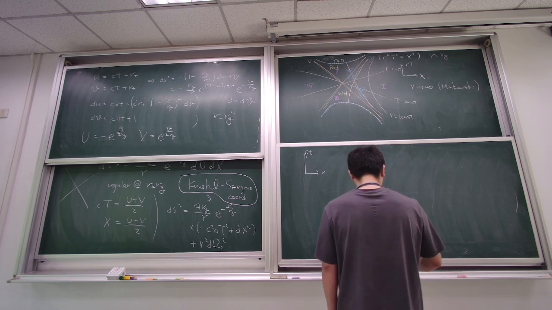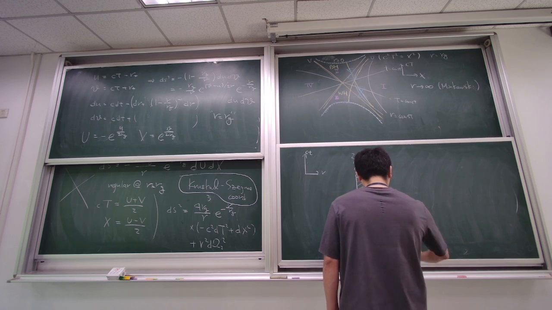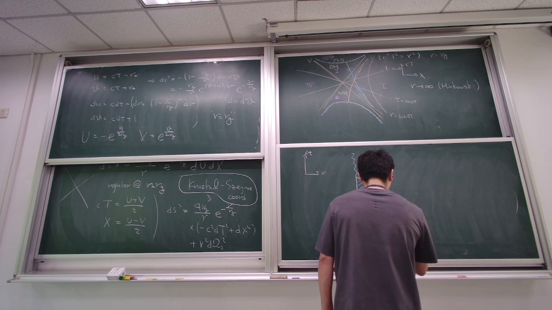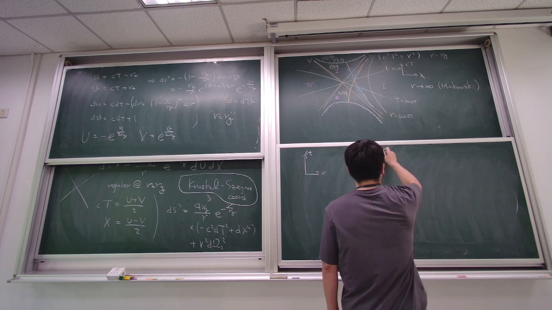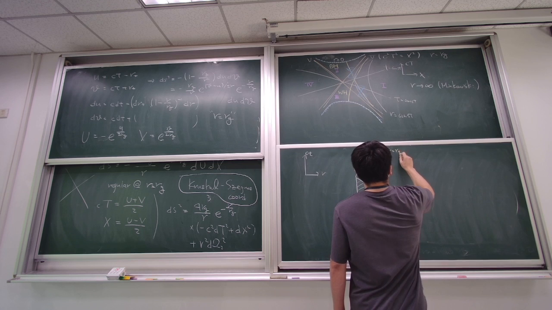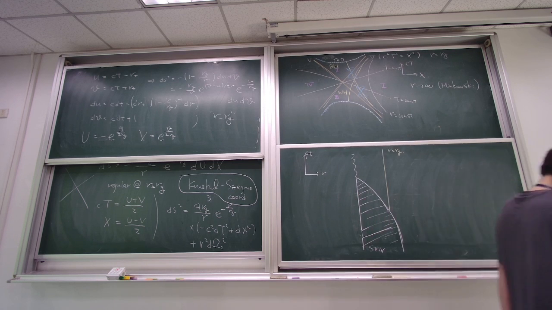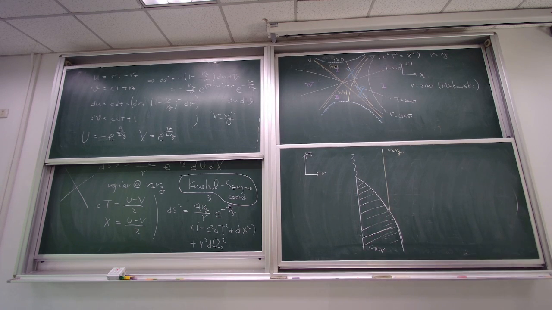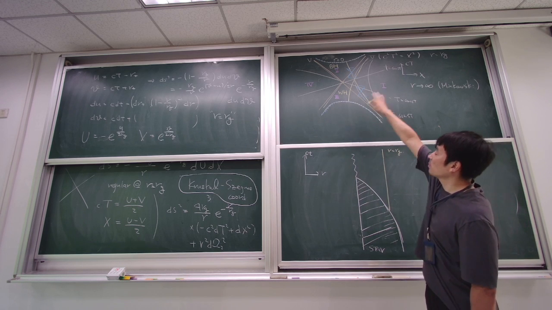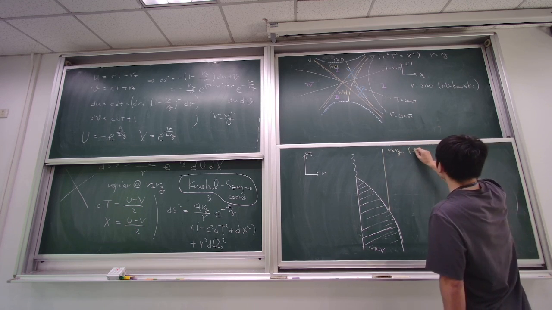And then there is the so-called R equal to RG that will show up. As I mentioned, this is R equal to RG, the event horizon.